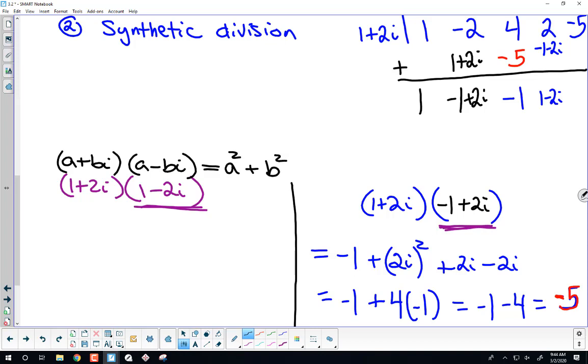So this result is 1 squared plus 2 squared, which is 5. So we have that 5 going here. And then we have -5 plus positive 5, which gives us 0 here.